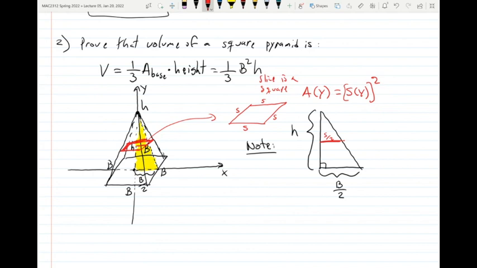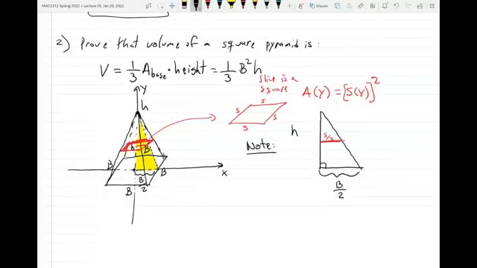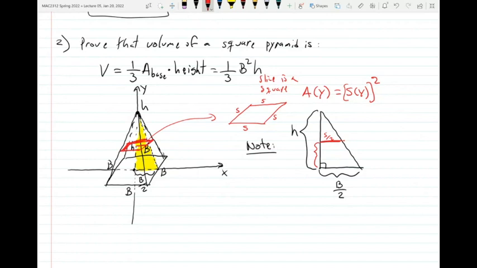Okay, so we have this. Let's see, what else? Can you tell me how much is this? It appears to be half right now, but remember, the slice happens everywhere between 0 and h. So this is a general picture, it doesn't have to be halfway. In general, what is this?